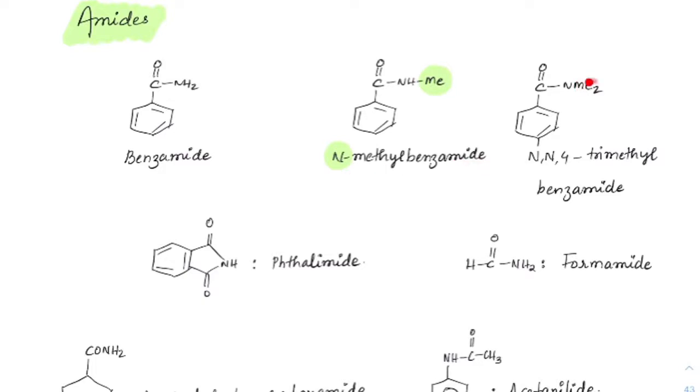If you have two methyls on nitrogen and one methyl at the para position, you call it N,N,4-trimethyl benzamide. In case the amide is connected on both sides, you call it an imide. So phthalic acid with an amide will become phthalimide. If it is C double bond O NH2 on H, it is formamide.